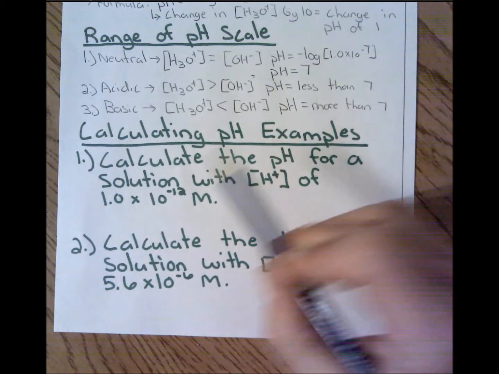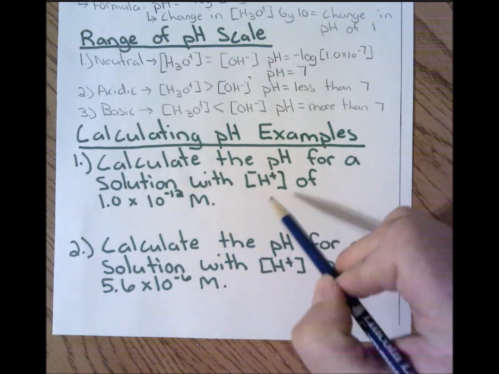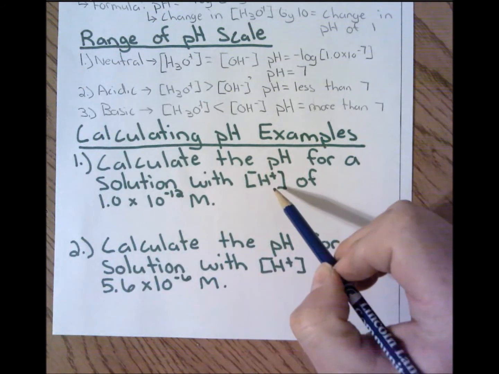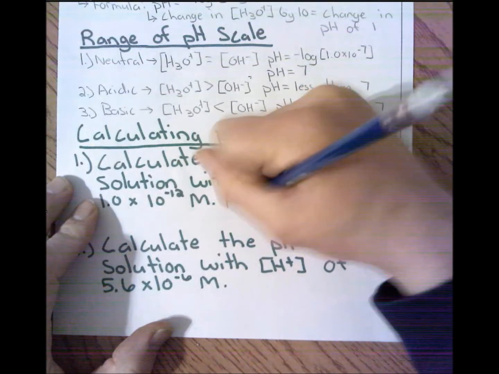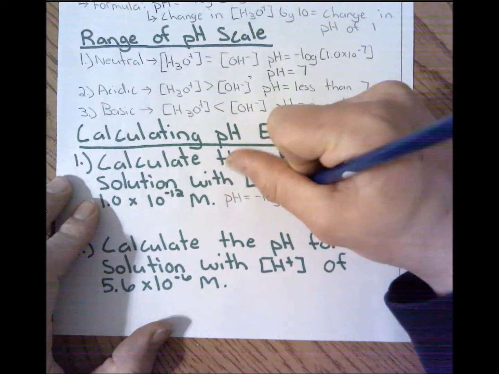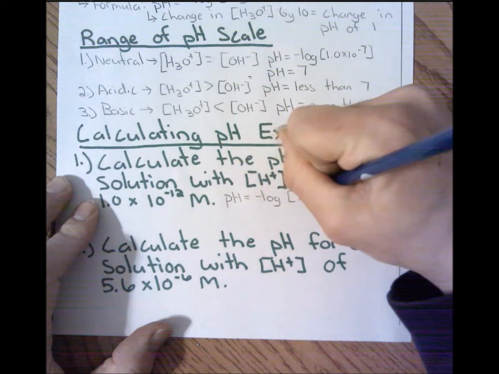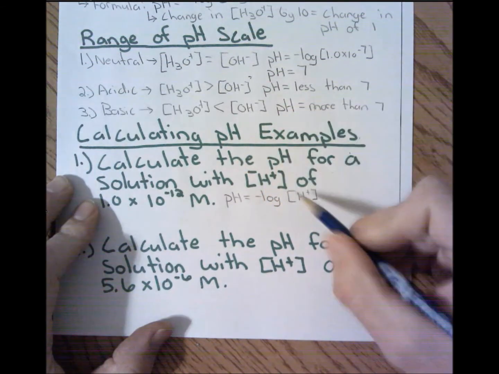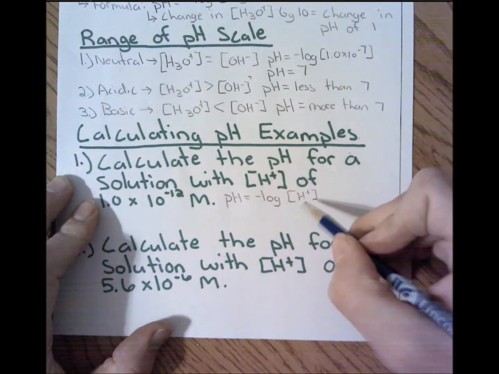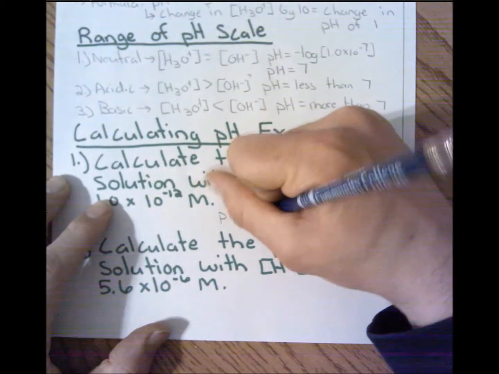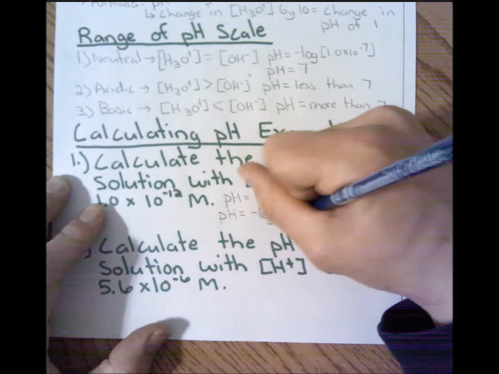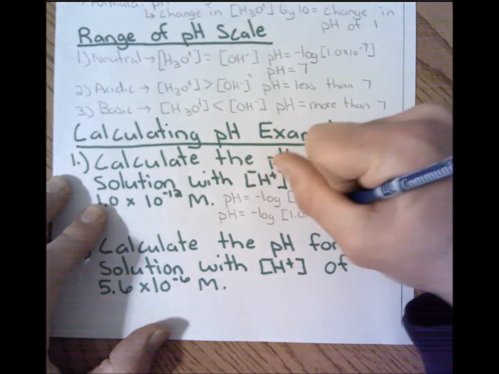So all we need to do is take the amount of hydronium or H plus ions and plug it into our formula. So our pH is equal to the negative log of our H plus or H3O plus. Remember, those things can be interchanged. So the pH in this solution is equal to the negative log of 1 times 10 to the negative 12.